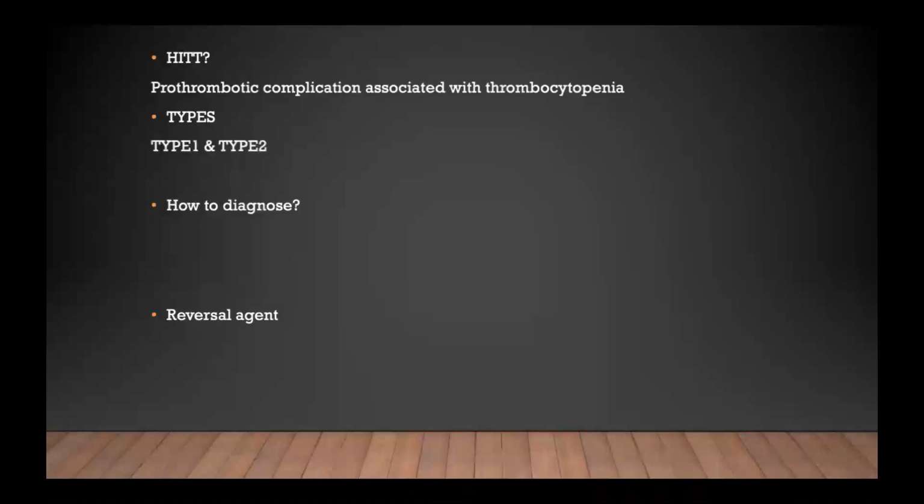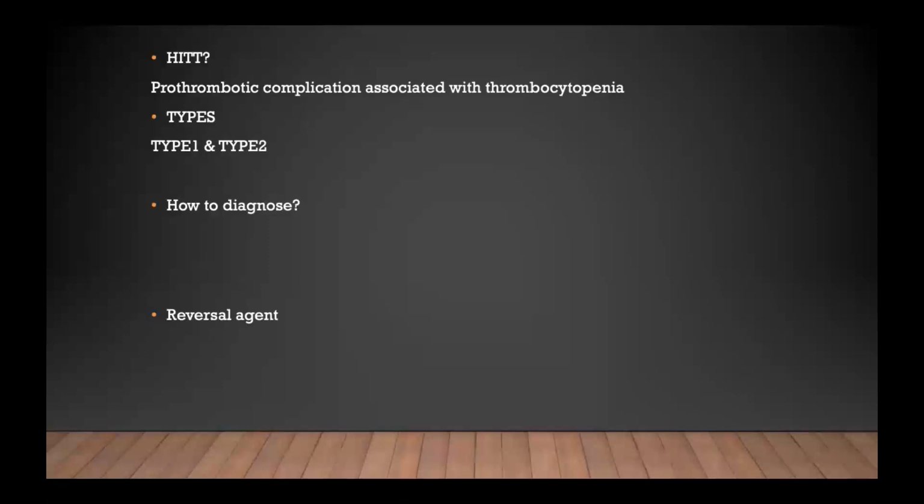So how do you diagnose HIT? We can calculate the 4T score. That's the pre-test probability. Other than that? We can test antibodies. What are you trying to detect?